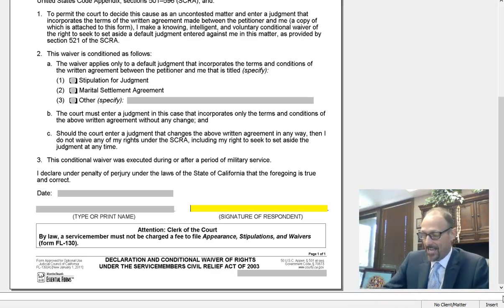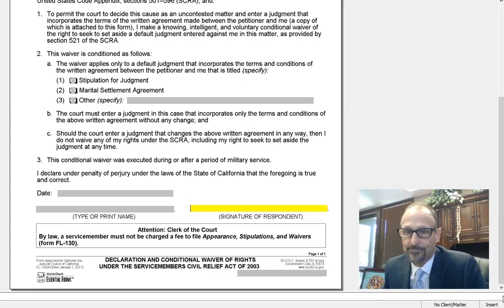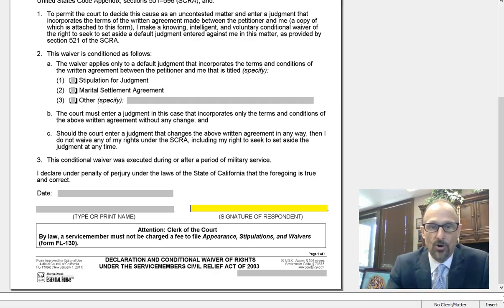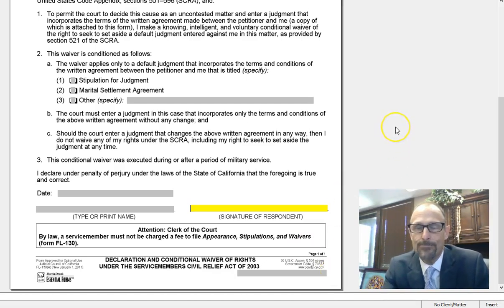This is saying if you file the judgment with the FL-130 and the FL-130A, that you are not going to have to pay that. All right, so that is the entire form.